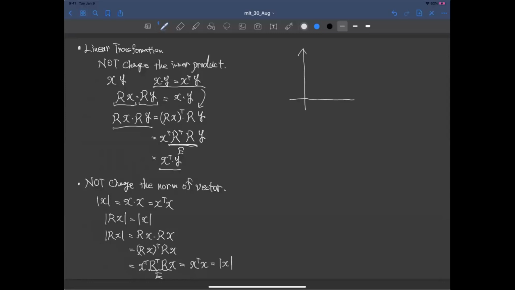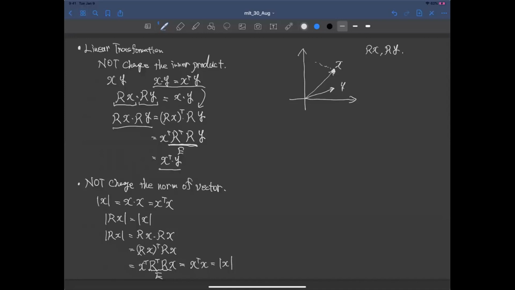That's why basically the transformation with an orthogonal matrix is a rotation. For instance, this is the X vector, and the Y vector. Let's think about the linear transformation of X and Y with an orthogonal matrix. It's going to be a rotation.